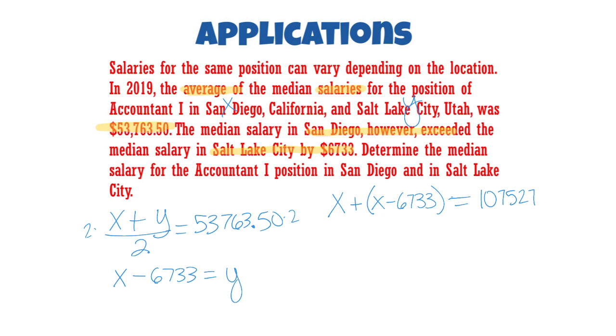Okay, like I said, I have gotten rid of the Y in this, and so these parentheses, totally optional. I'm really just going to combine like terms. I have an X plus another X, that's a 2X. But this 6733, I'm going to move over to the other side. So I'm going to add that 6733.